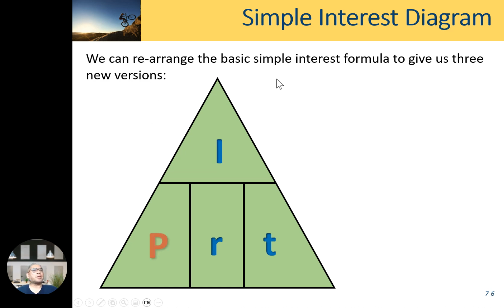We can rearrange the basic simple interest formula to give us three new versions. First, P equals I divided by R times T. We can also rearrange it for the rate: R equals I divided by P times T. And for the time, T equals I divided by P times R.